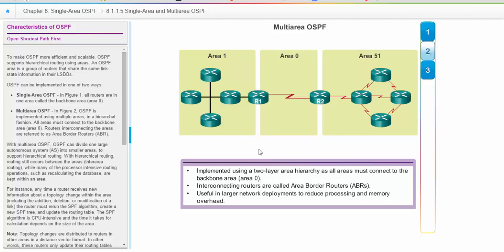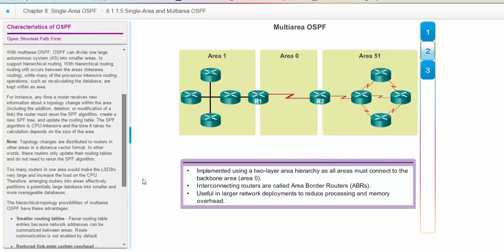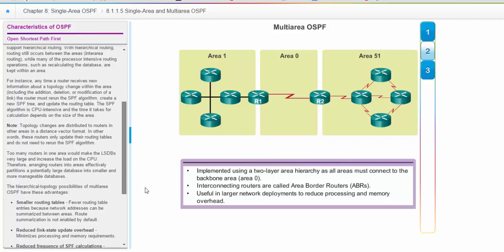With multi-area OSPF, it can divide one large autonomous system into smaller areas to support hierarchical routing. And with hierarchical routing, routing still occurs between the areas because you have inter-area routing, while many of the processor-intensive routing operations, such as regulating the database, are kept within an area.